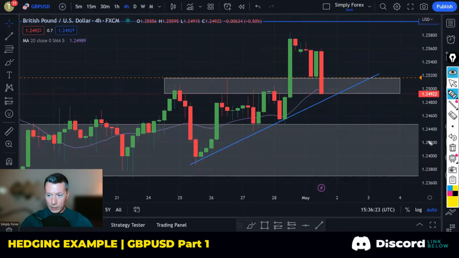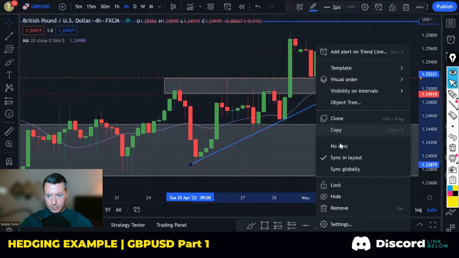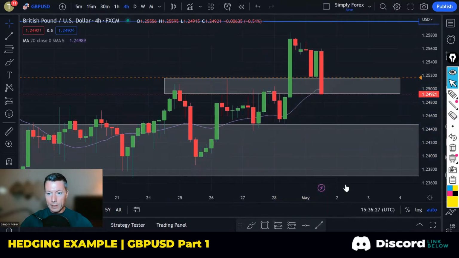Or if price carries on breaking down to these last H4 lows and then we get a reaction, I'd also consider closing the hedge there. These are the areas where I can close the hedge, but again, I still need a reaction.